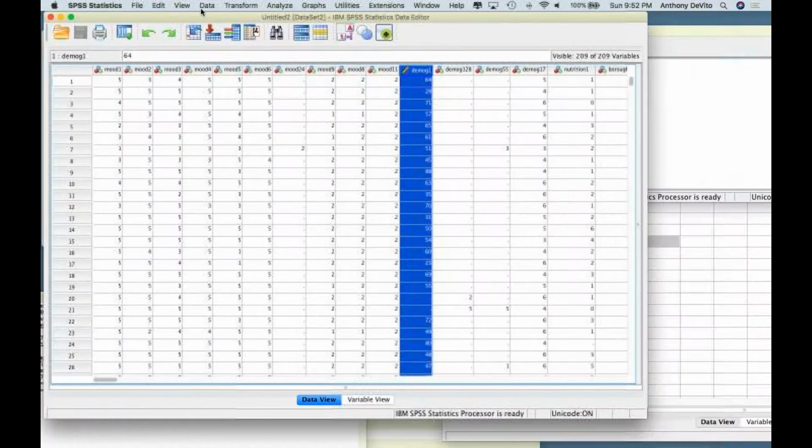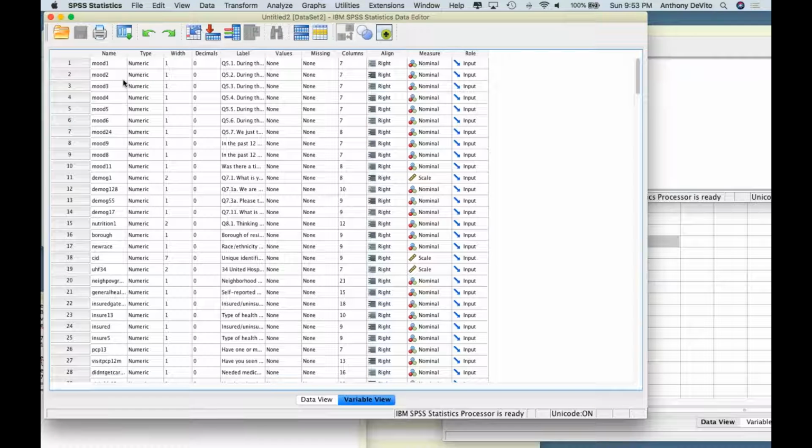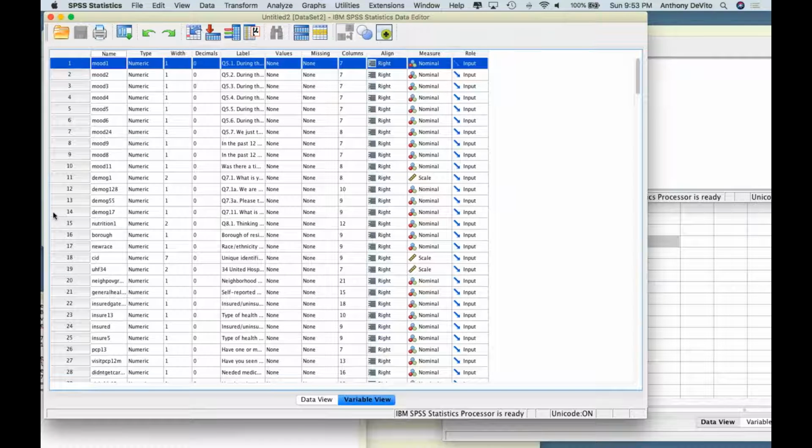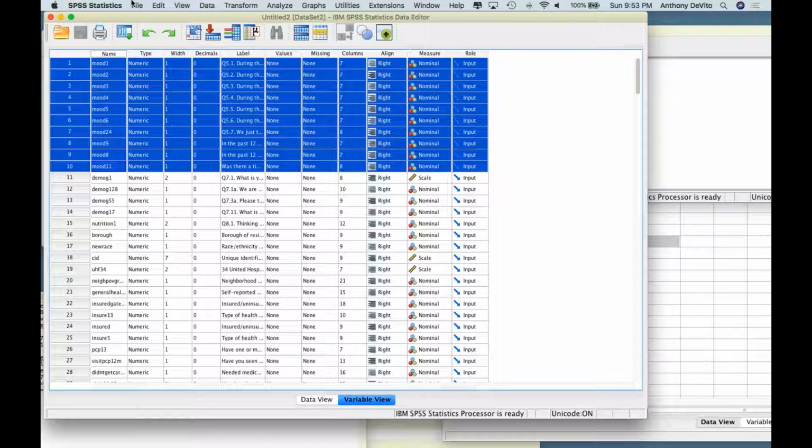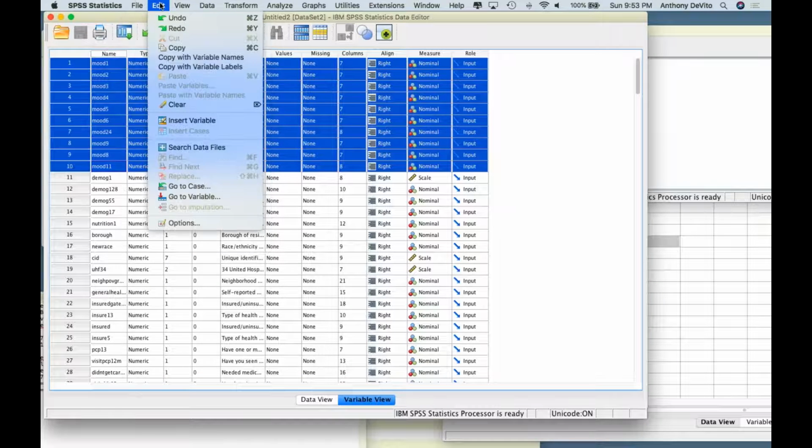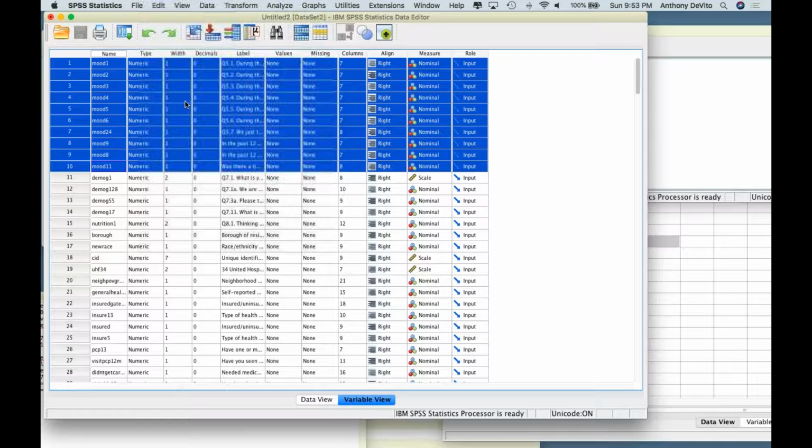Okay, so I am going to get rid of all these up to Demog1. I'm doing this because it's just easier for me to work with this stuff. I don't have to be distracted by all the rest of these variables I'm not using.